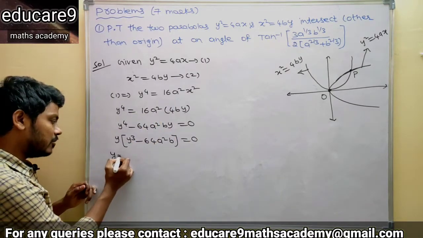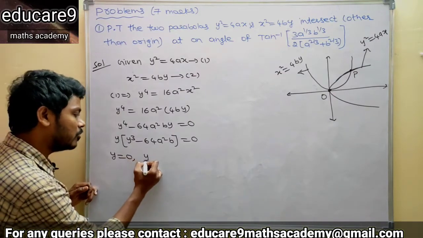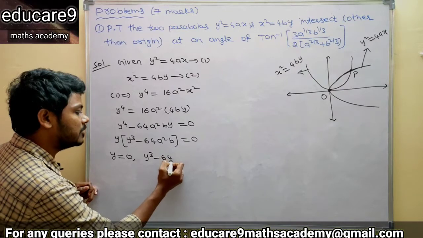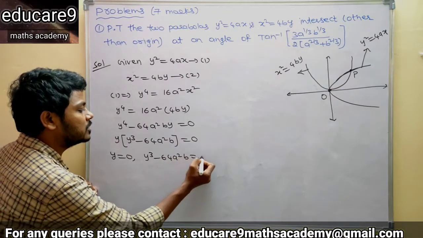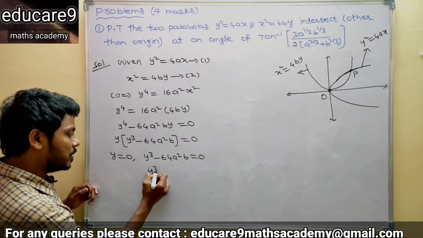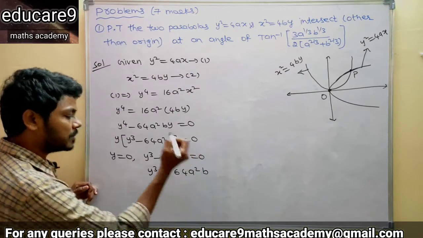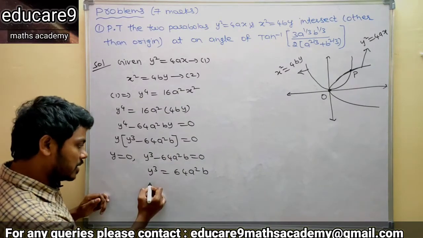So clearly, one is y is equals to 0 and second one y cube minus 64 a square b is equals to 0. So from this, y cube is equals to what? 64 a square b. See here, what is y value?